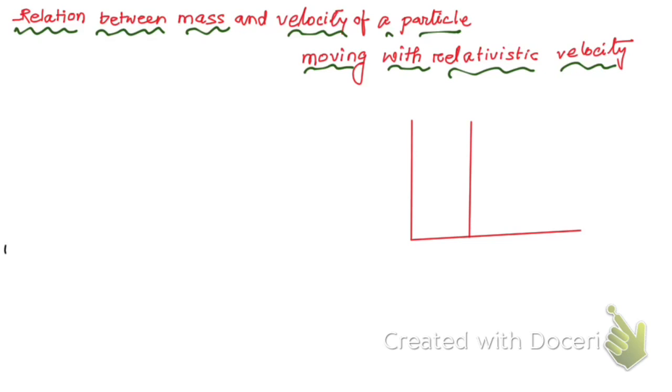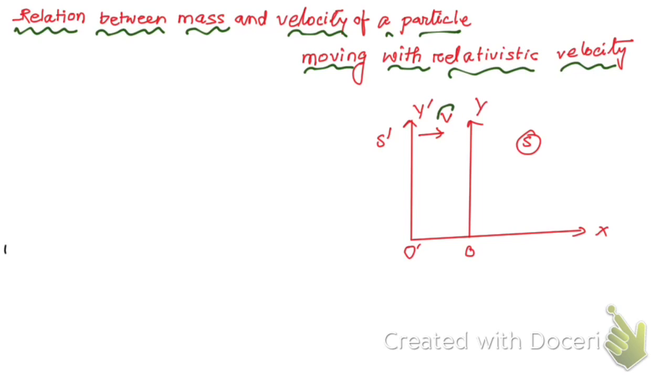The S frame has its origin O, and the S dash frame has axes Y dash and origin O dash. This S dash frame is moving towards S with relative velocity v.